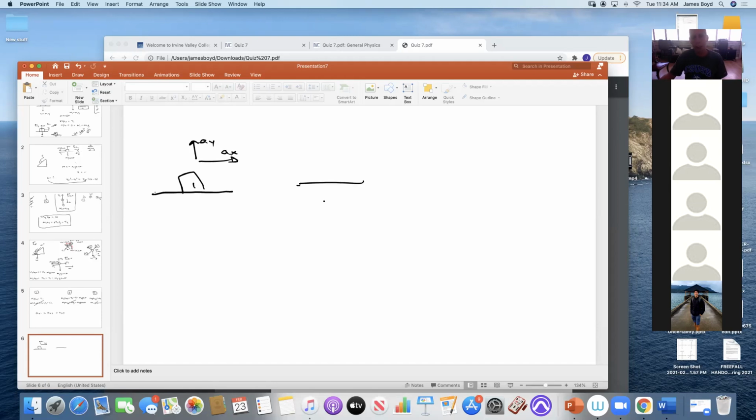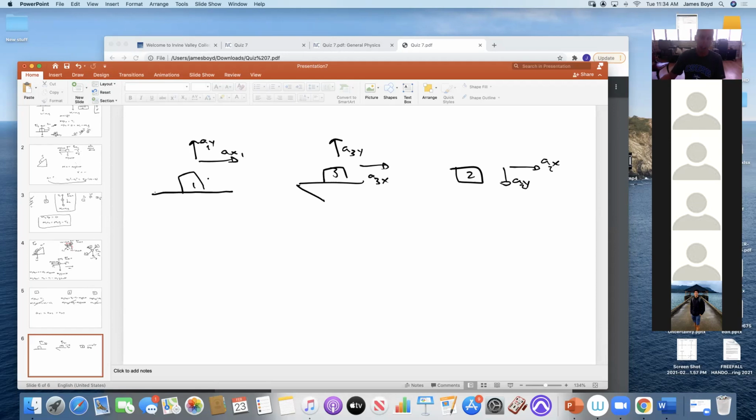For 3, once we put it on its incline, it's going to have an acceleration in the y and an acceleration in the x. And then for 2, it's going to have an acceleration in the y and, let's say, an acceleration in the x. And so what I'm asking you is which of these are 0 and why?